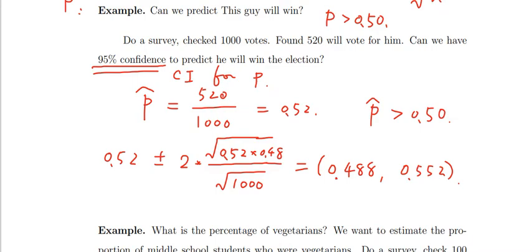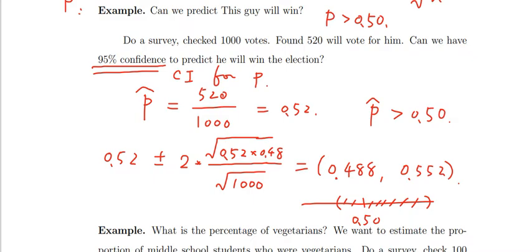So we can say we have 95% confidence that the true population proportion is between these two numbers. The interval runs from here to here, and the proportion will be in this range. This interval is not clearly above 50%.